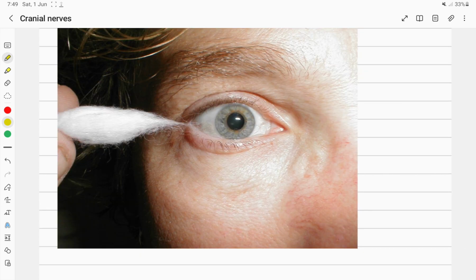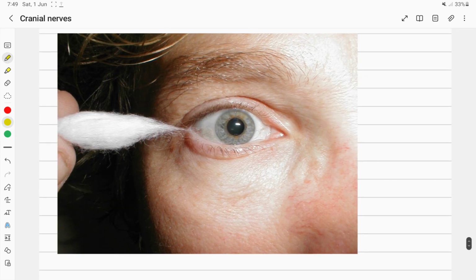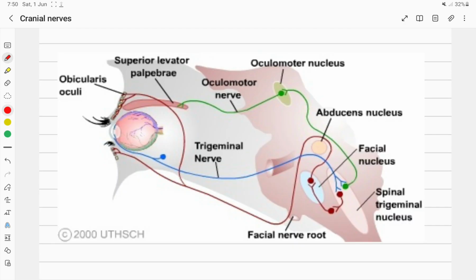The next type of reflex is the corneal reflex. First, you have to gently touch the cornea using gauze or cotton. Once you touch the cornea, the sensory impulses come via the trigeminal nerve to the sensory trigeminal nucleus, and from the sensory nucleus the fibers go to the facial nerve motor nucleus.